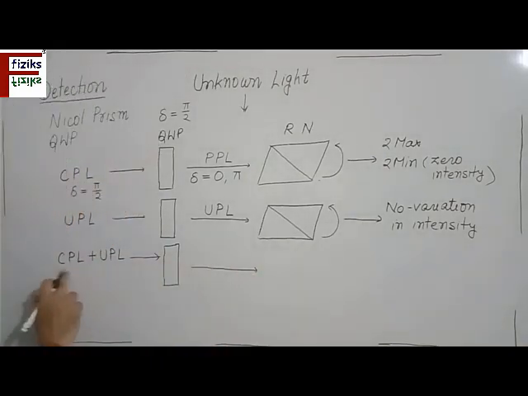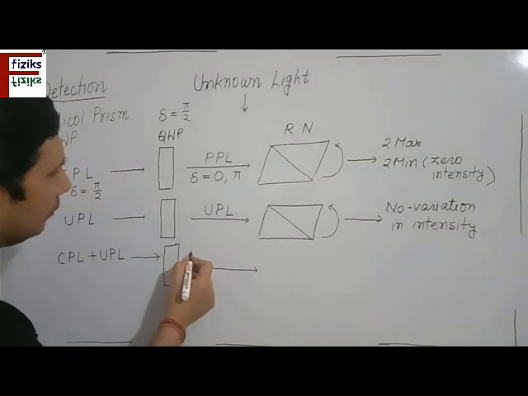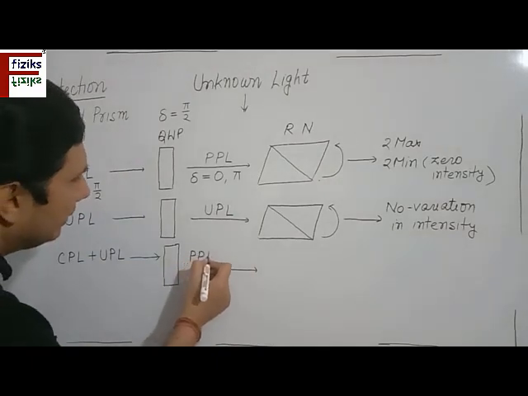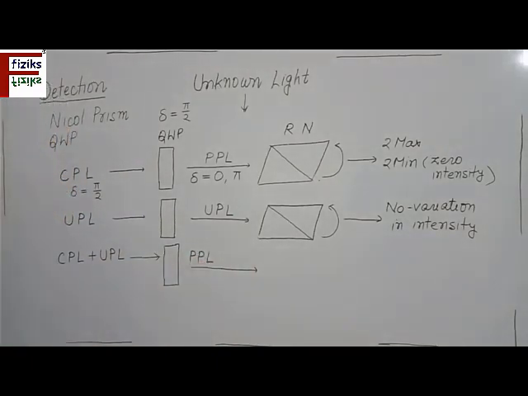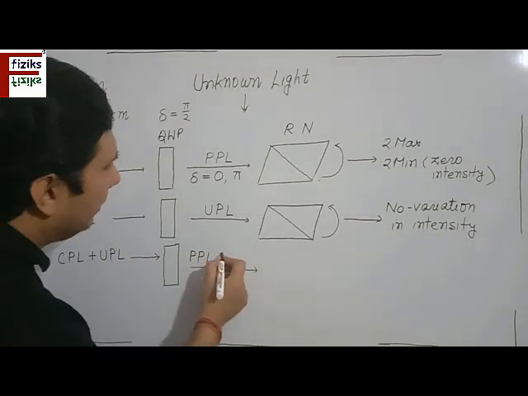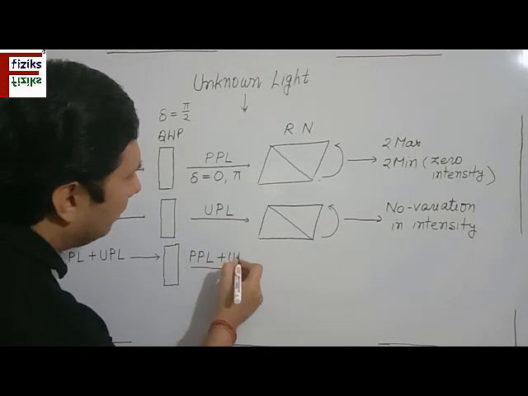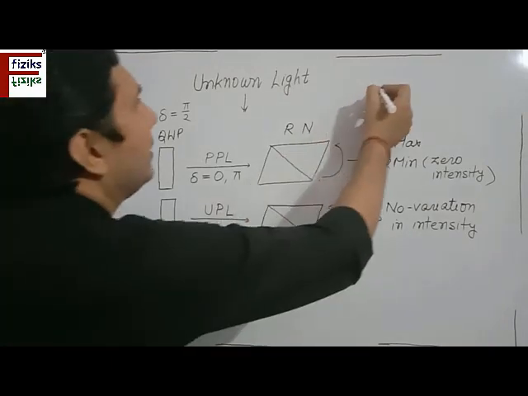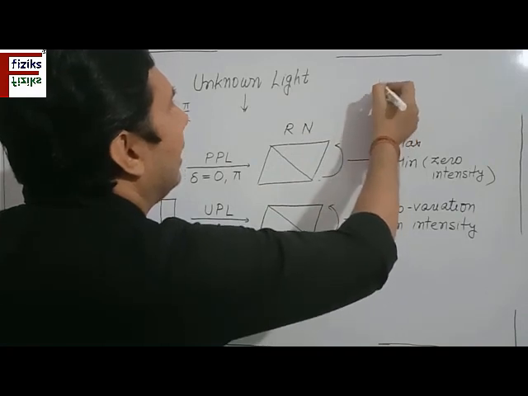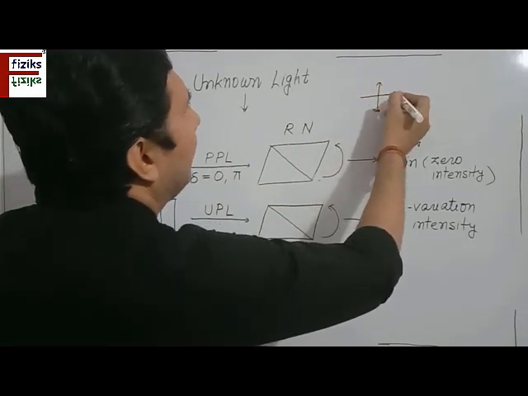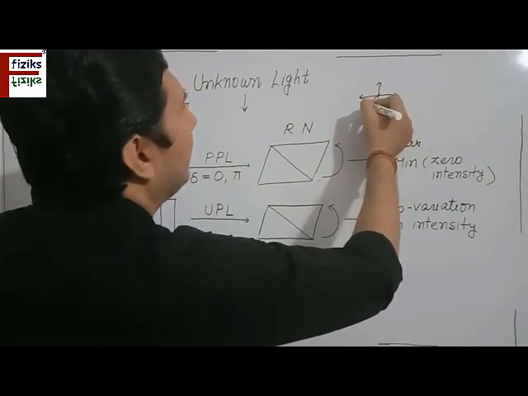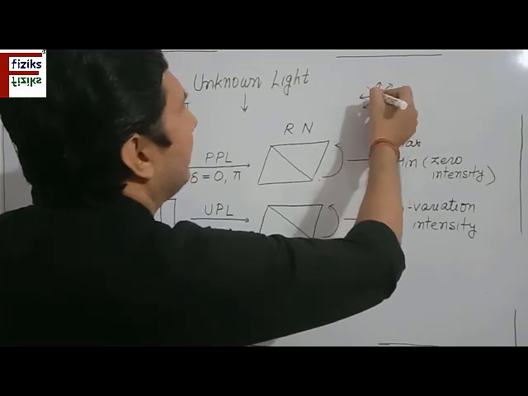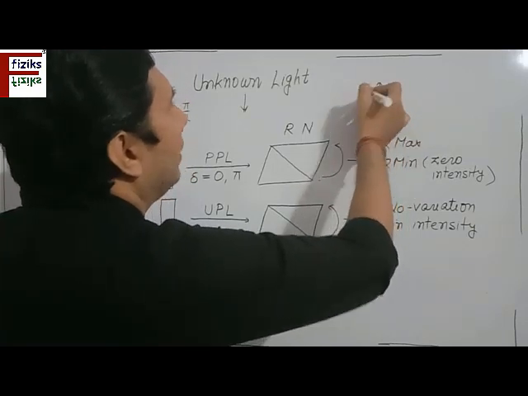In the third case, if the given light is CPL plus UPL, then this CPL will convert into plane polarized light, and this UPL will remain UPL. So what will the mixture be? The mixture will be like this. Unpolarized light is like this; these are the electric vectors of unpolarized light.